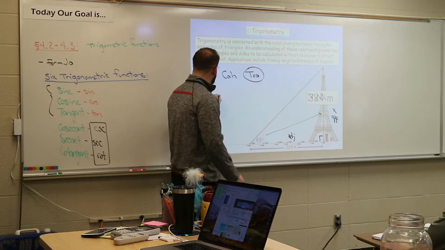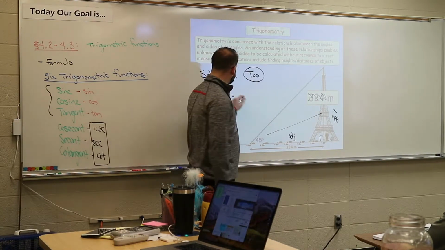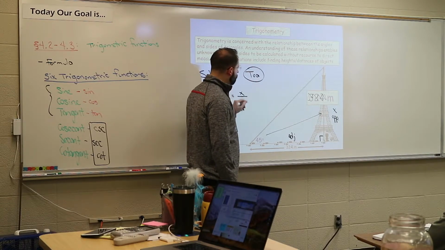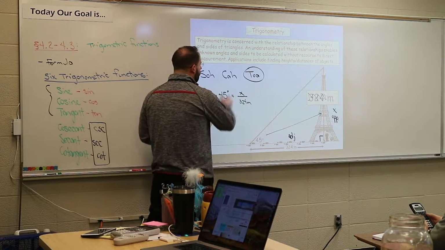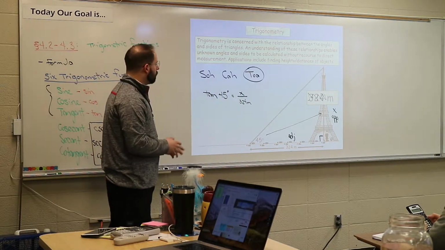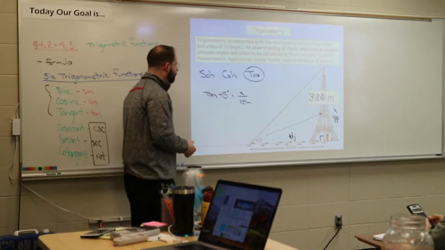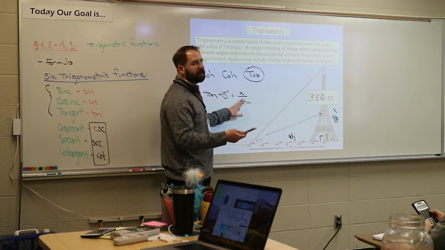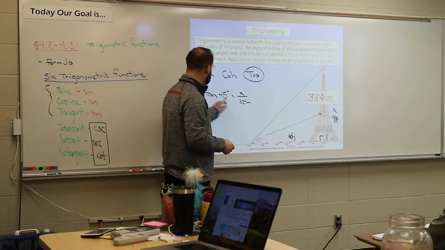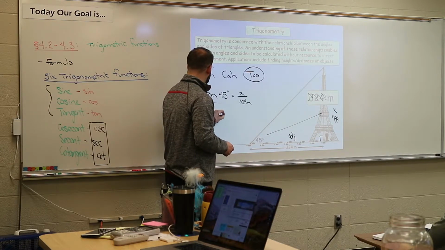Because the tangent of my angle, 45, is the opposite wall, which is x, over the adjacent wall, which is my 324. Then, how do I find x? What's my rule? Multiply by 324. Exactly, because it's called an inverse operation, right? If x is on the top of your fraction, you do the opposite. If they're dividing by 324, you multiply it over. So that's 324 times the tangent of 45.